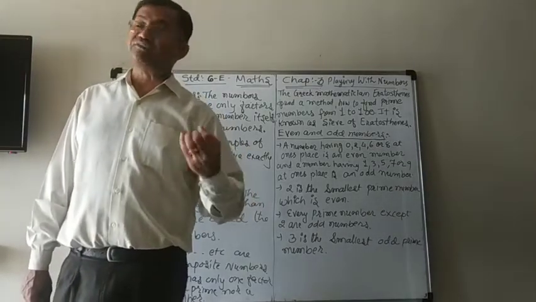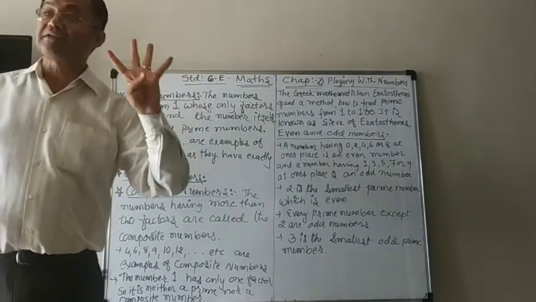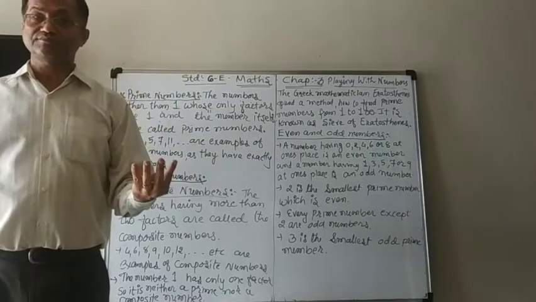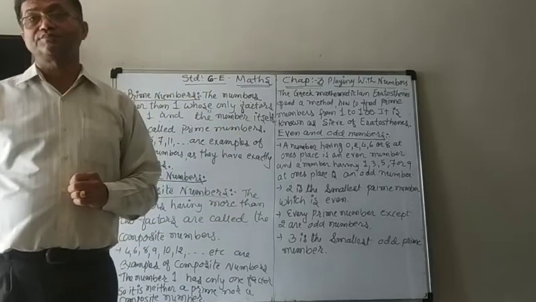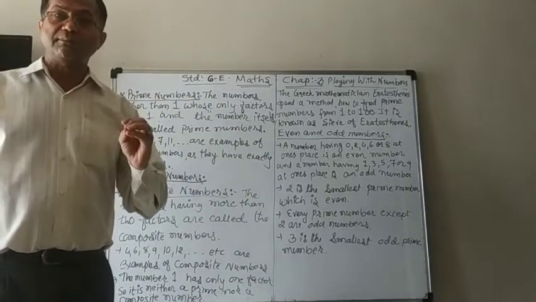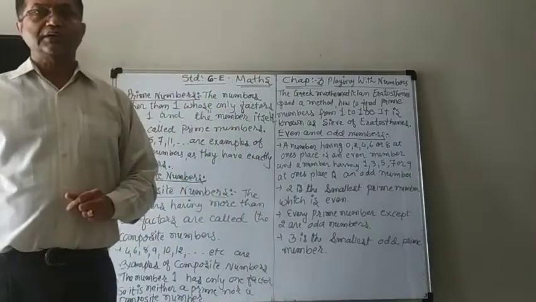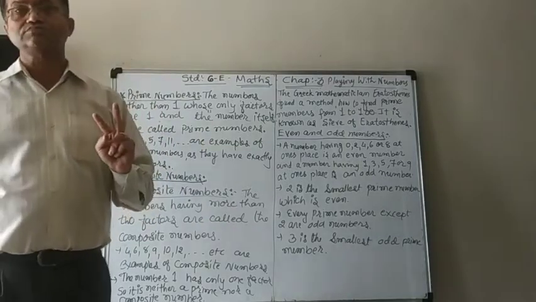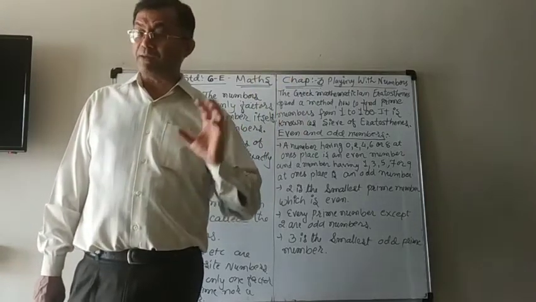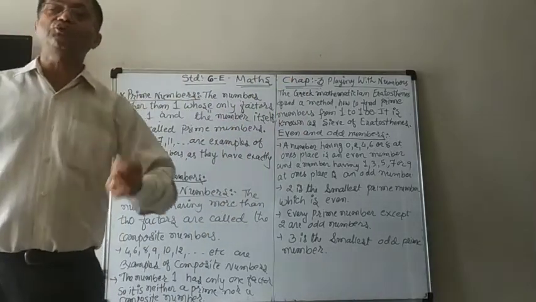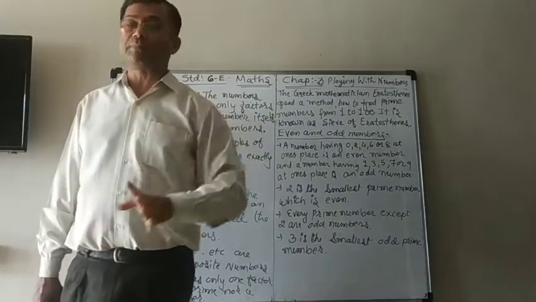So 9 is a composite number. For 10, the factors are 1, 2, 5 and 10. Means more than 2 factors, so it is also a composite number. You have to make the list of the factors of a number. If there are only 2 factors, that number is a prime number. And if the number has more than 2 factors, then it is a composite number.